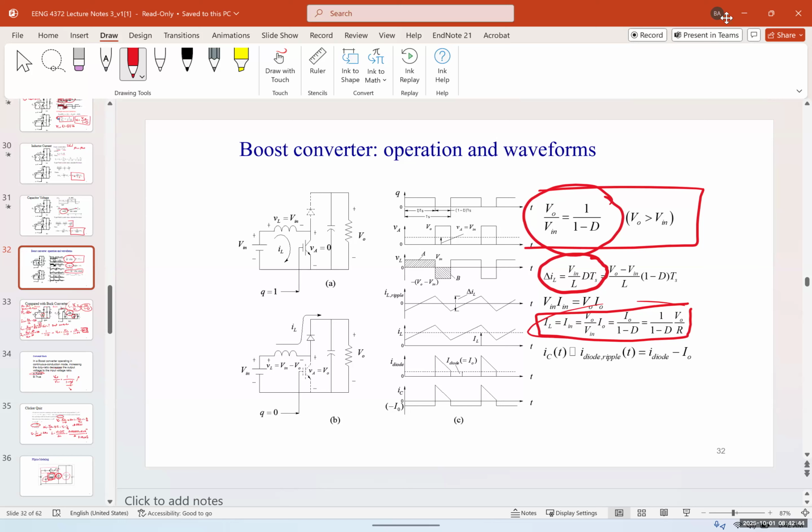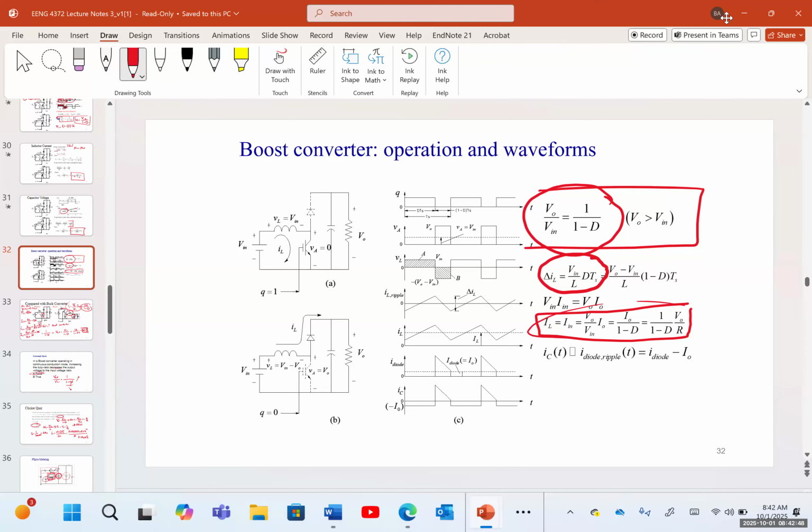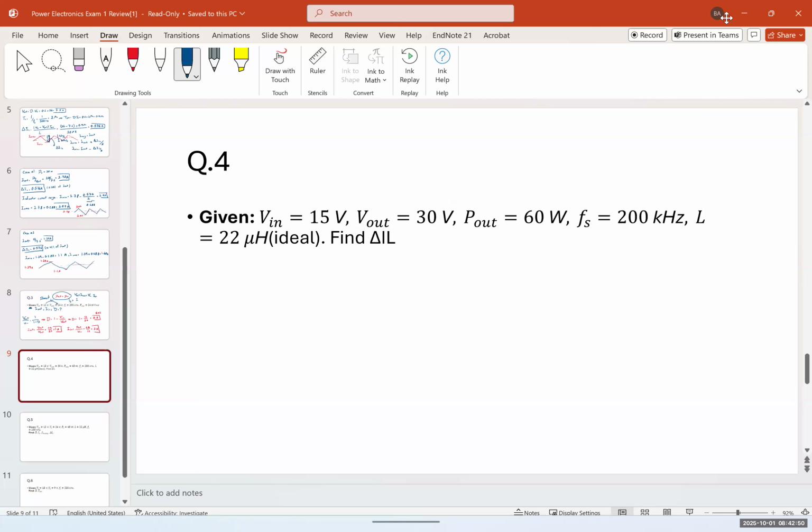Can I go to the question? Yes, okay. So again, delta IL is equal to Vin dTs over L, or Vin over L dTs.